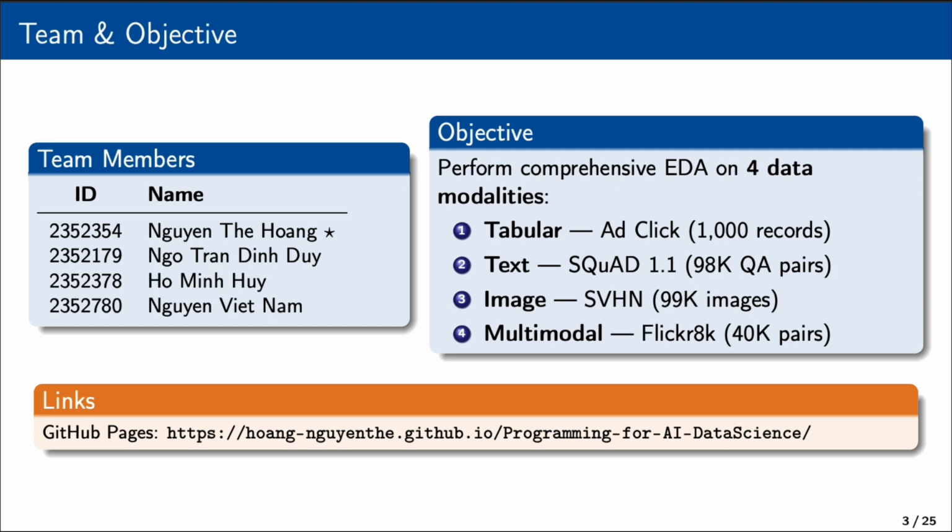Our objective was to perform comprehensive exploratory data analysis on 4 data modalities: tabular data using the AddClick dataset with 1000 records, text data using SWAT 1.1 with roughly 98,000 question-answer pairs, image data using SVHN, the Street View House Numbers dataset with about 99,000 images, and finally multimodal data using Flickr, which contains 40,000 image caption pairs. The GitHub link is shown at the bottom.